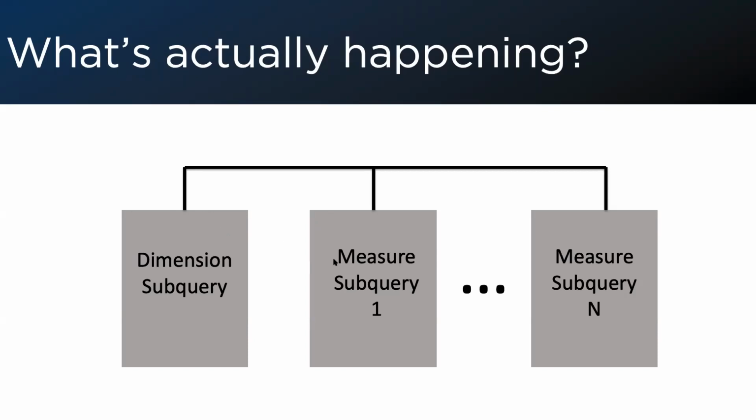Think about the view where I had city, sales, and population. It sends a subquery to grab city from the orders table. Then it grabs the sales at the city level of detail, aggregating the sum of sales to whatever dimension we have in the view. Then it sends another measure subquery to the population table that aggregates the population to the city level of detail.